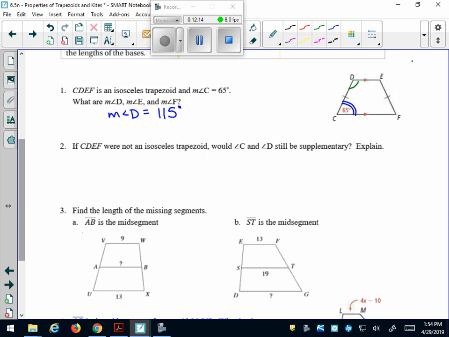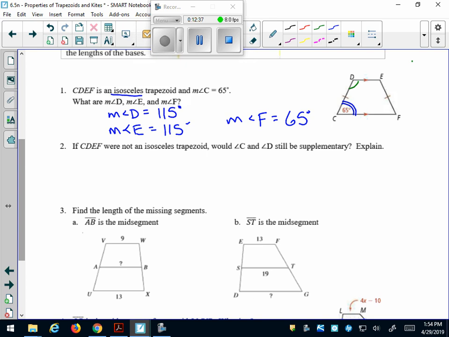How'd you get that? Yeah, they're supplementary. What's the measure of angle E? Also 115. And the measure of angle F? 65.